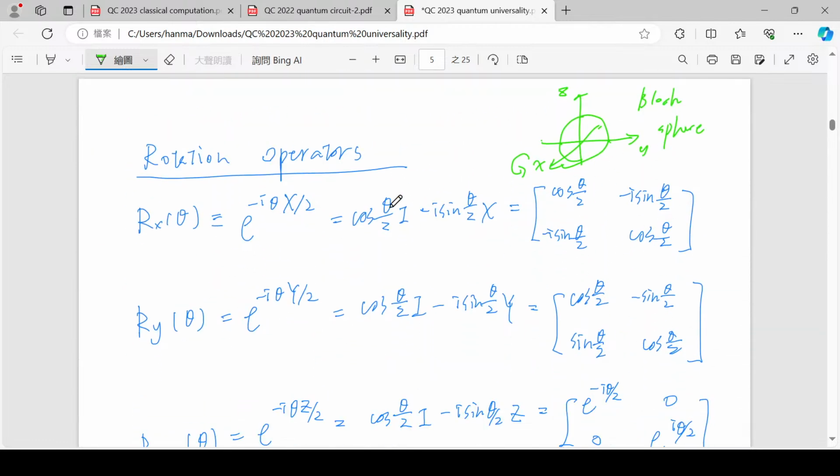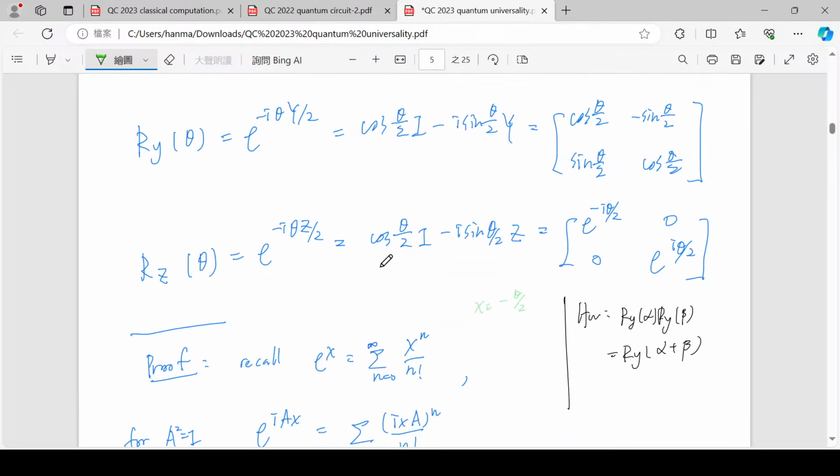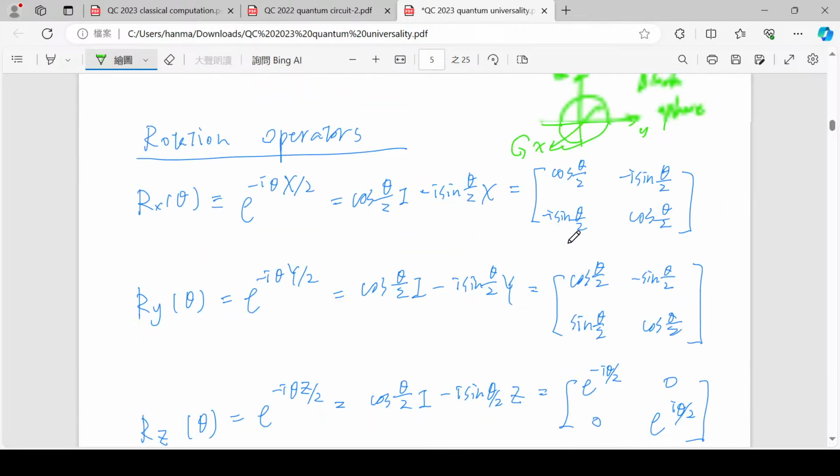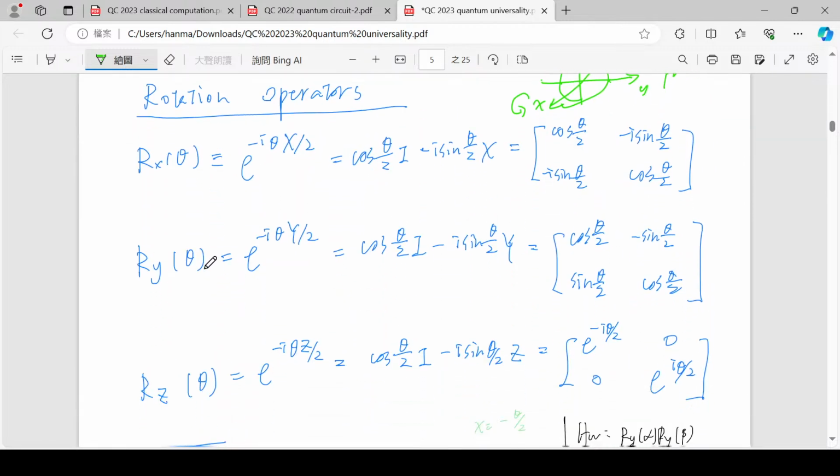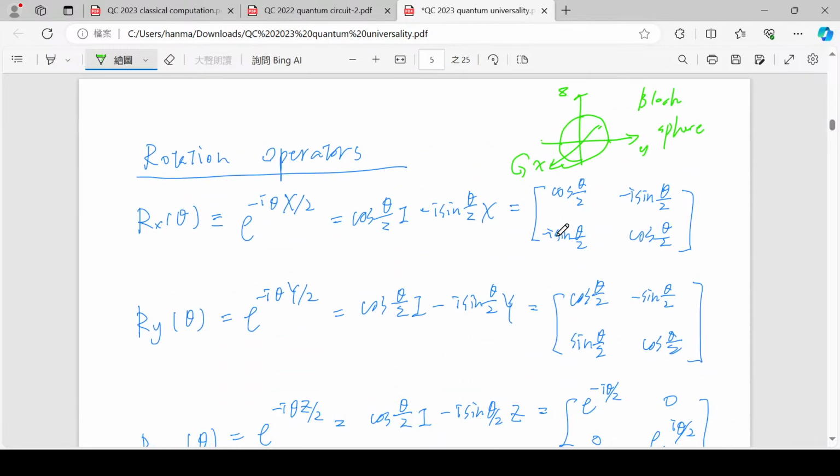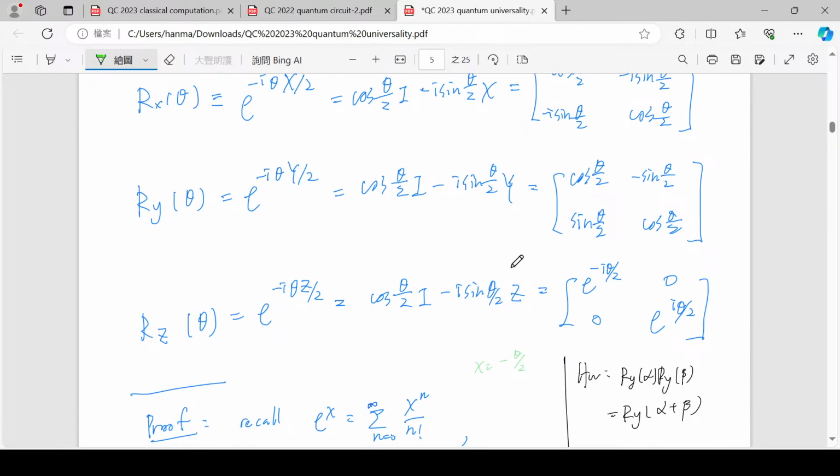And similarly you have rotation on y by an angle and rotation on z by an angle. You can check yourself that they are really rotations on the Bloch sphere, and they satisfy some rotation rules. So for example, if you rotate on the y-axis by angle alpha, then rotate by another angle beta, then that's actually just a rotation on the y-axis by angle alpha plus beta. Okay.